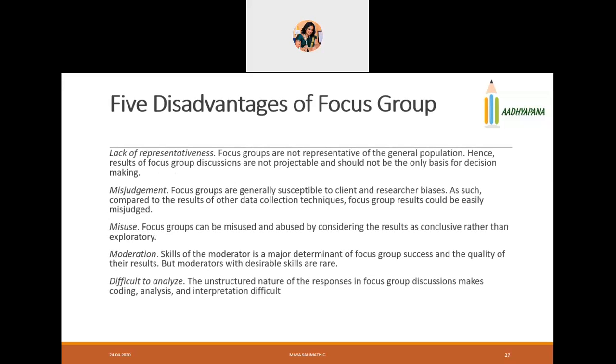These are disadvantages of the focus group. I have told you about misjudgment and misuse; I would tell the very important ones here. It is difficult to analyze.